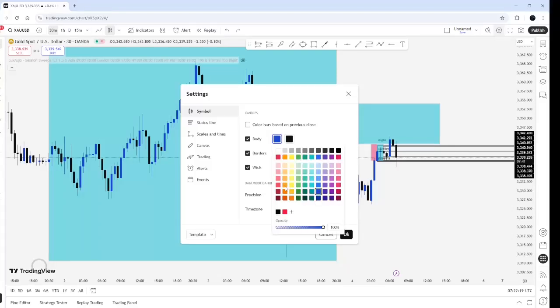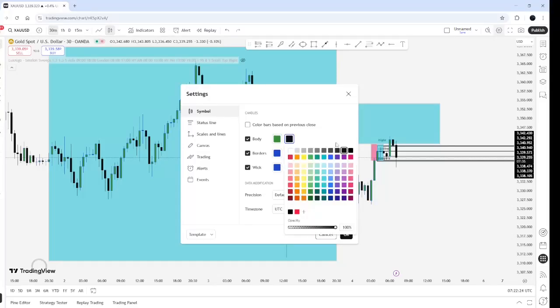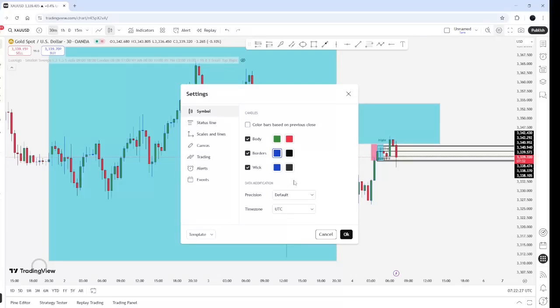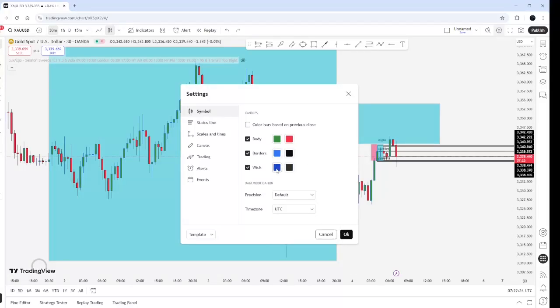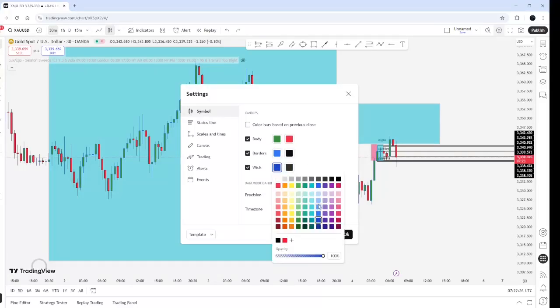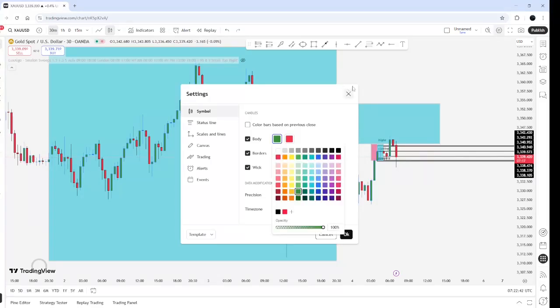I can change it to green, change it to red, change it to blue again. So you can play with the colors, the ones you resonate with. But I prefer this blue.